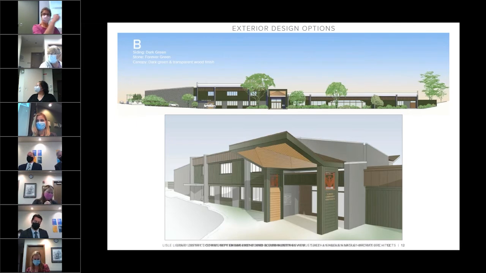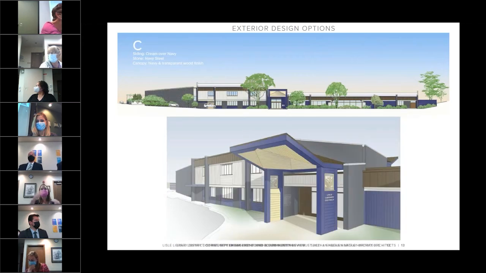But one of the things that did come up on Monday night was, in looking at option C, some people really liked the navy, but they didn't like it with the two different colors. And so there was the question of, could we do the navy as a single color for the siding? Would that possibly be an option too? I'm sorry to throw that out as the last one speaking before Marjorie.